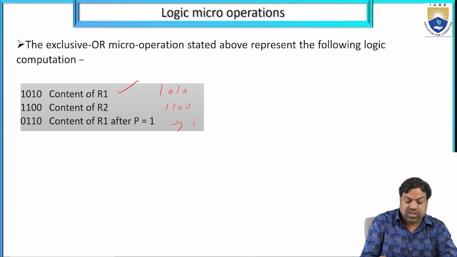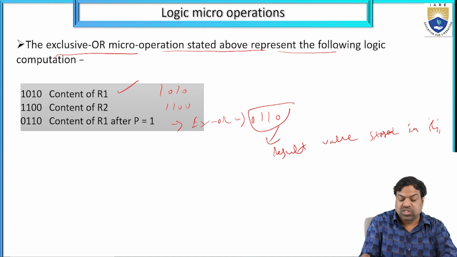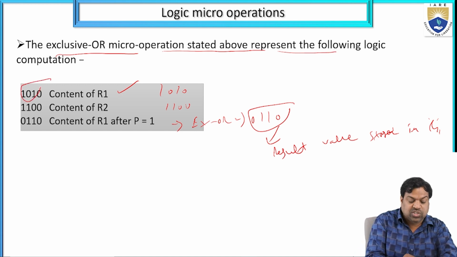The resultant XOR value is 0110. This result value is stored in R1. So the exclusive OR micro operation represents the following logic operation: R1 equals 1010, R2 equals 1100, and the resultant value 0110 is stored in R1.